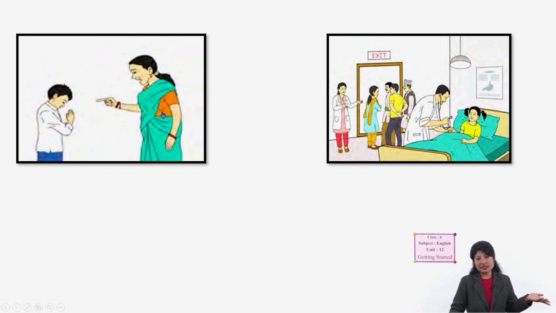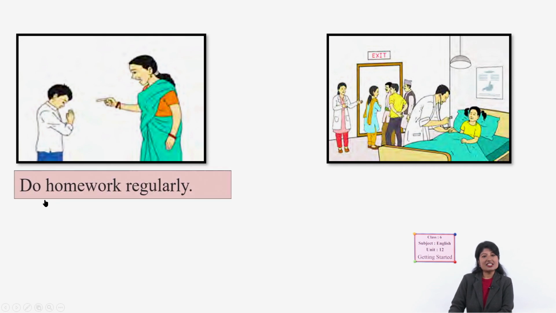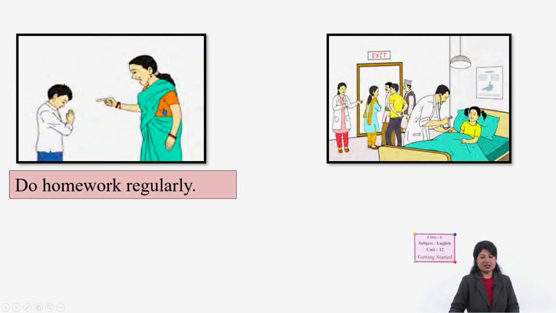What could that be? Let's suppose she is a teacher and he is a student. So the teacher might be reminding him about homework. She must be saying, do homework regularly. So that means he must be sorry in this case, right?